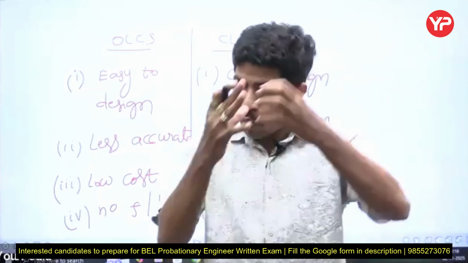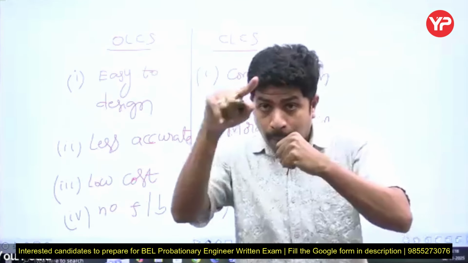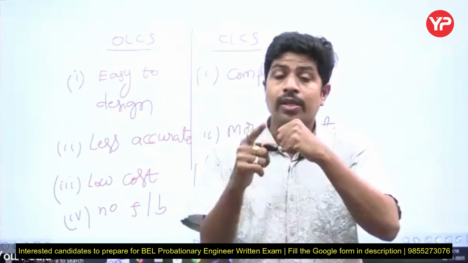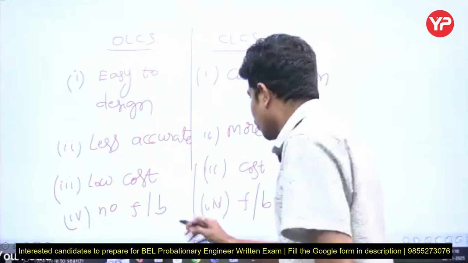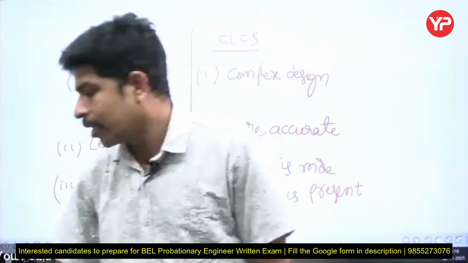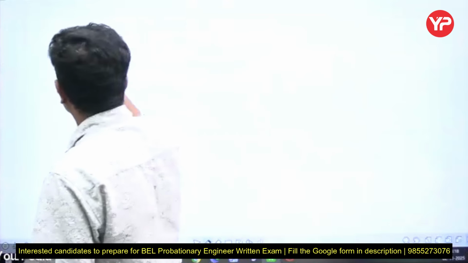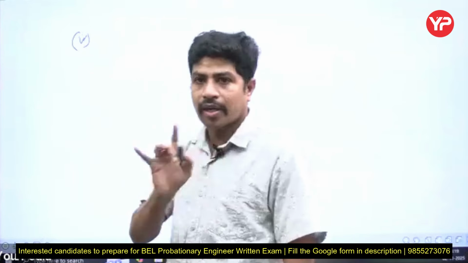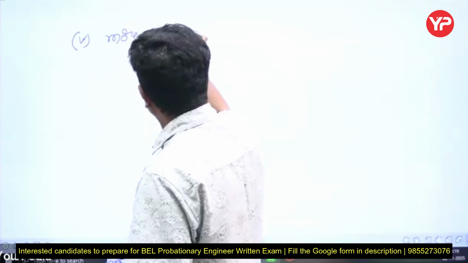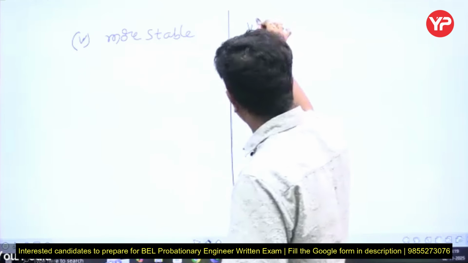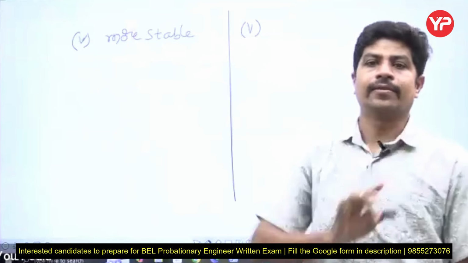In what way? Suppose you take one system that is an open loop system which is stable. If you apply feedback to the same system, then there is a possibility of reduction in the stability. Yes, this way I can write. See, suppose you are taking an open loop control system. Fifth point. It is stable first of all. If you apply feedback to that, then there is a possibility for the reduction of the stability.